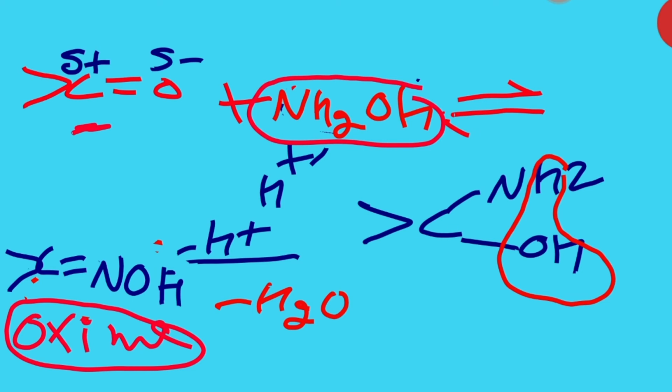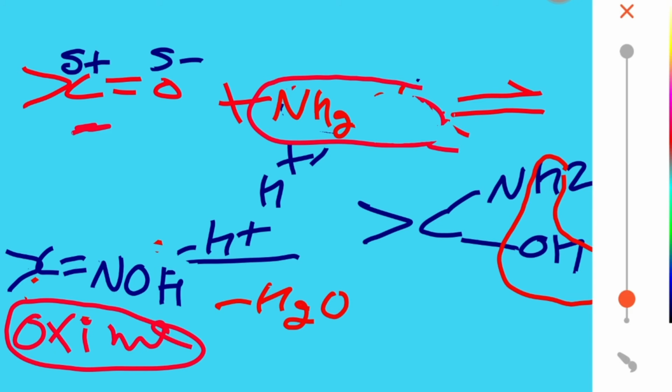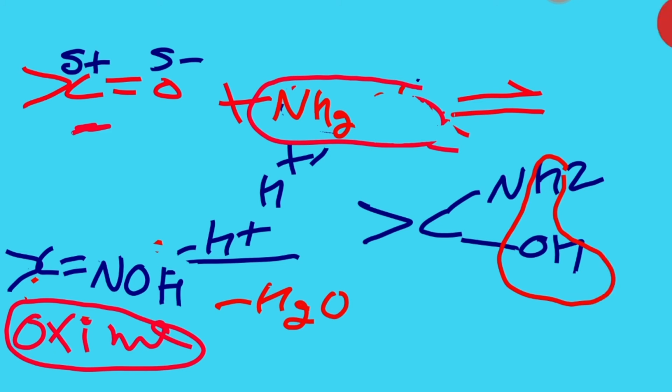Next derivative we have done, that I am going to make now. I am writing it with a different color so that you can understand it better. Here I am writing NH2, the value of Z. You only have to change the value of Z. What will come there?